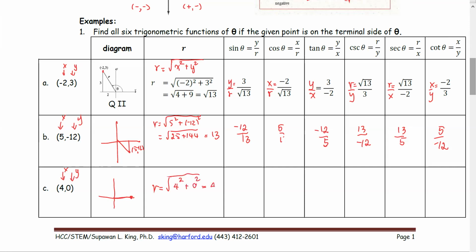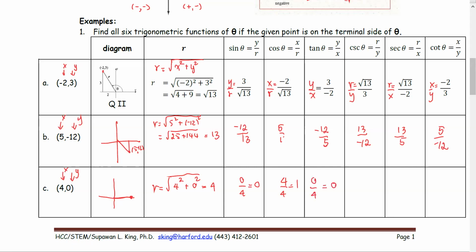That gives us 4. The sine theta is y over r. Y is 0, r is 4, so it is 0. The cosine theta is x over r, or 4 over 4. That gives us 1. The tangent theta is y over x, or 0 over 4.